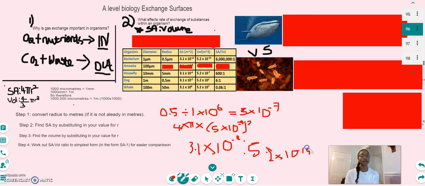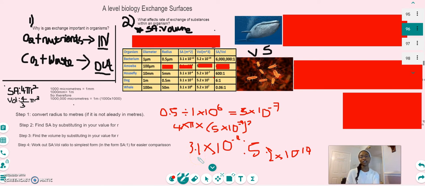Good. And to work out it in the simplest form, what we'd essentially do is we want the volume as 1. So to get the volume as 1, we need to divide the volume by itself, because whenever you divide something by itself, it always equals 1. So you divide the volume by itself, and then whatever you do to the right hand side, you must do to the left hand side. So you divide this number by 5.2 times 10 to the power of minus 19, and we should get this value here.